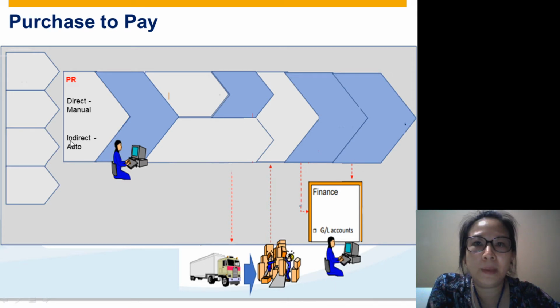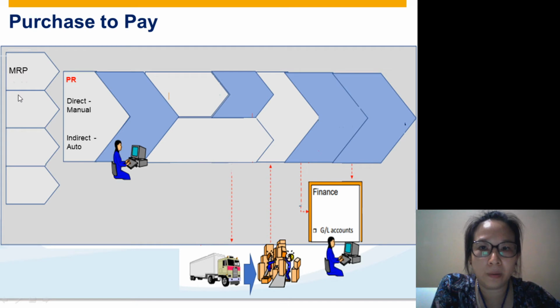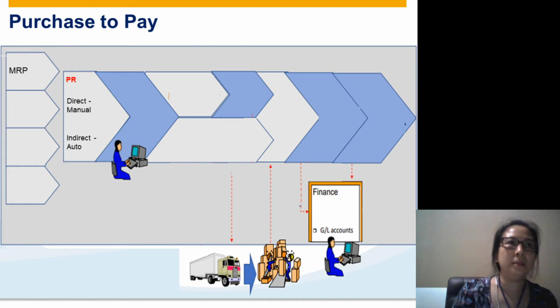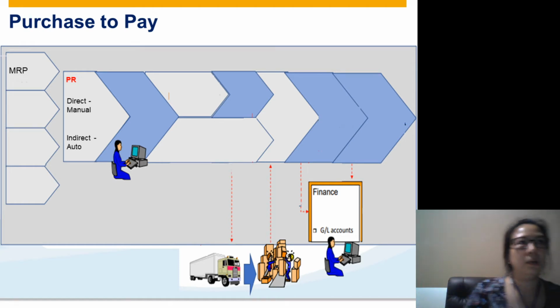because the PR can be automatically created when the MRP runs. If you still remember, MRP stands for material requirement planning. Basically, material requirement planning is where the system will calculate the demand.